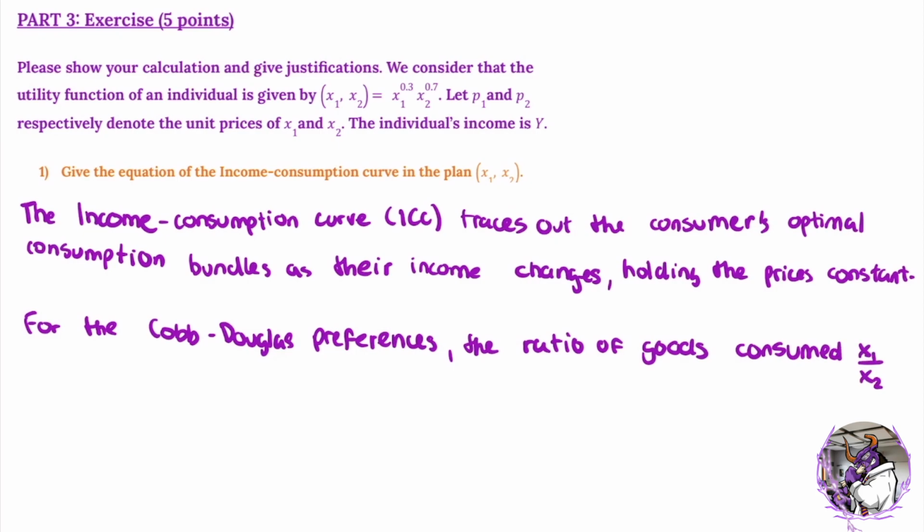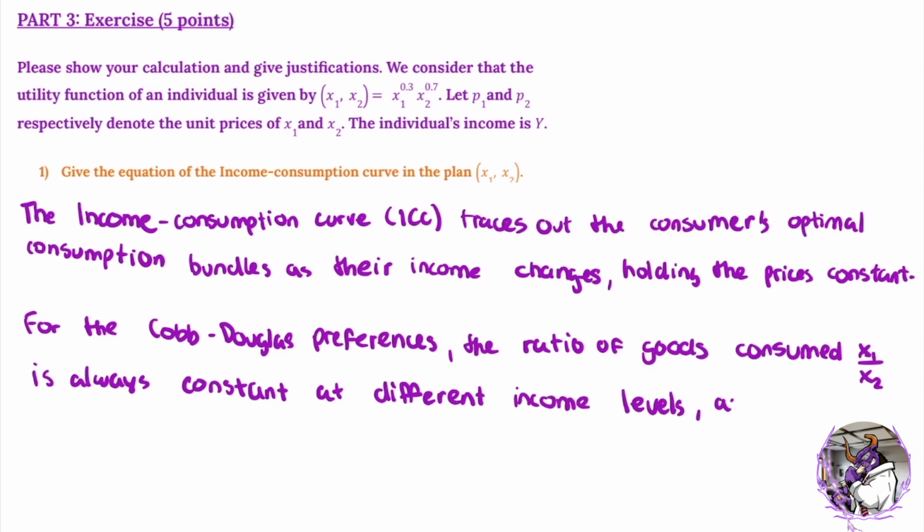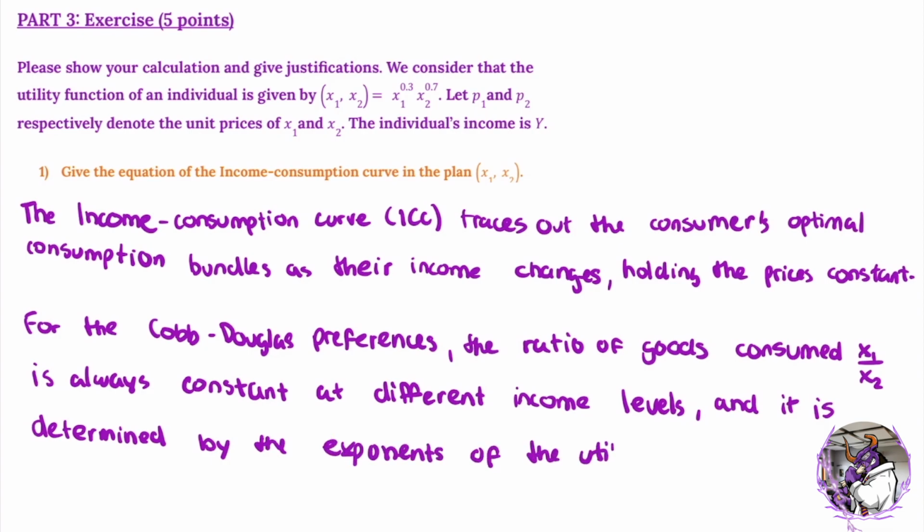Thus, the ICC is represented by x2 equal to 0.7 divided by 0.3 times x1. Therefore, we can simplify it mathematically, and the ICC will be x2 equal to 7 divided by 3 of good 1.